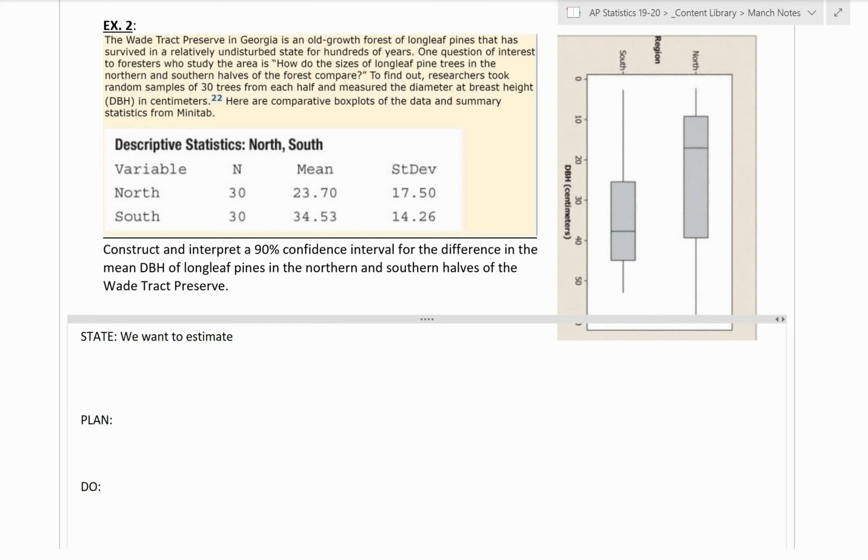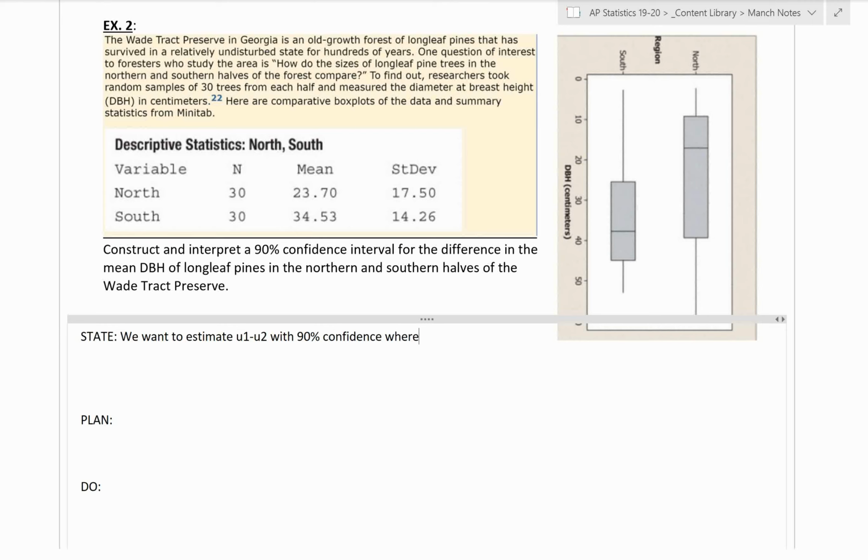I'm going to just call them mu1 and mu2, and write mu1 minus mu2. I might have said mu1 is northern trees, but we're going to actually do mu1 as the southern trees. Since they're larger, we'll put the southern trees up front. And we want to estimate that with 90% confidence.